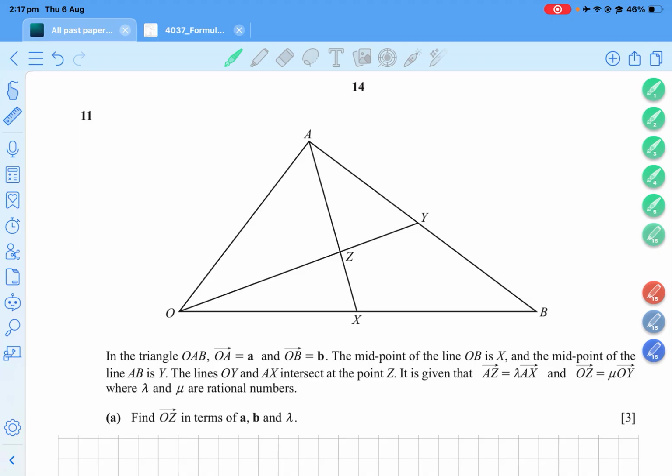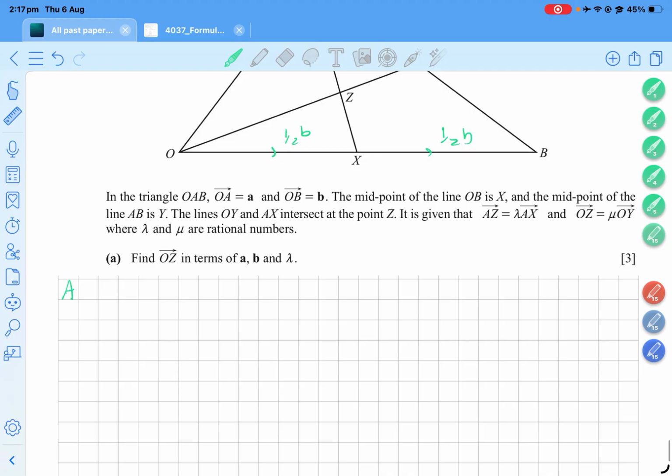X is the midpoint of OB, so I can say this is half B, this is half B, and the midpoint of line AB is Y. So AB I can first of all find, so AB will be B minus A.